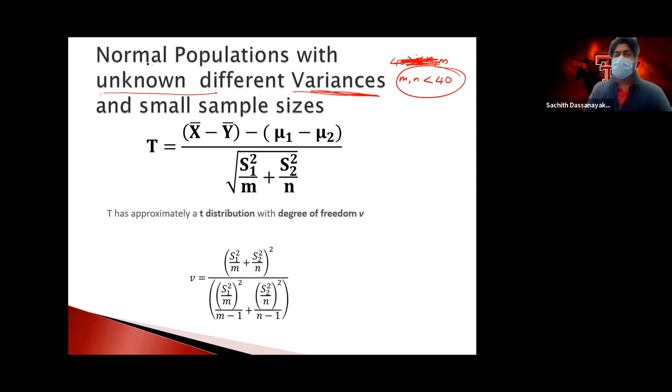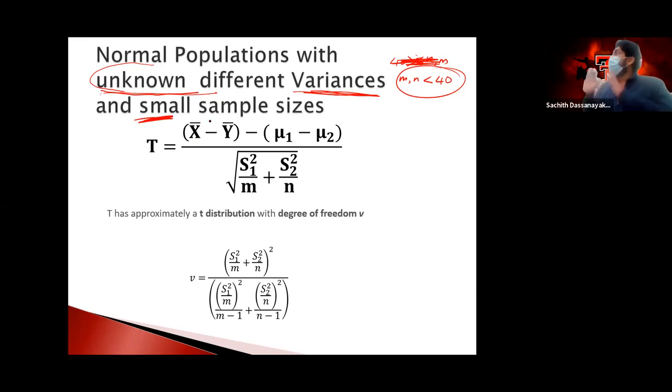Okay, most of the time, if we have a very small sample, we don't know the population standard deviation, so it is an unknown standard deviation or variance. You know the relationship of variance and standard deviation. We don't know the standard deviation for these small samples.